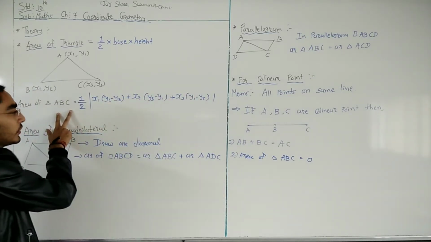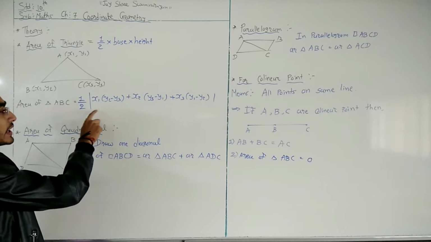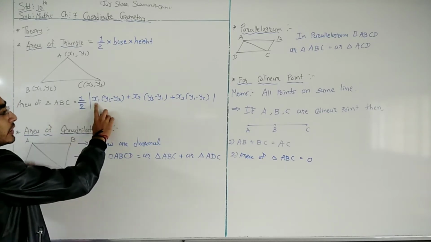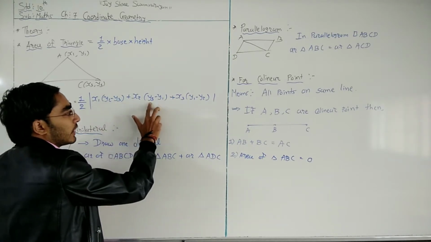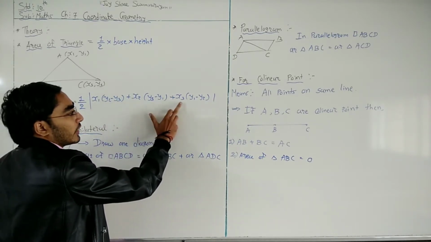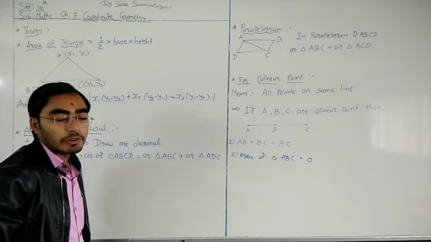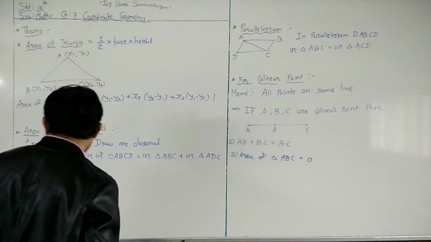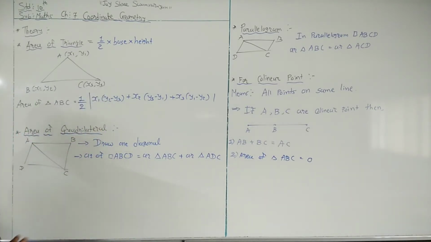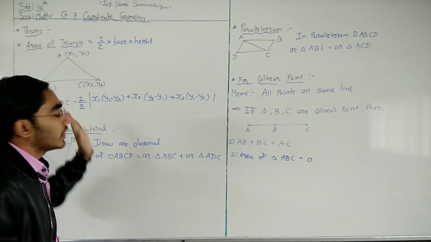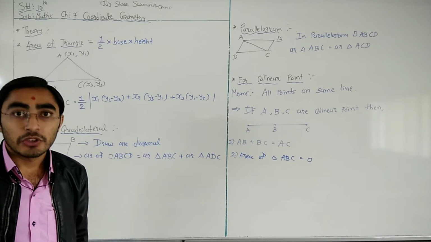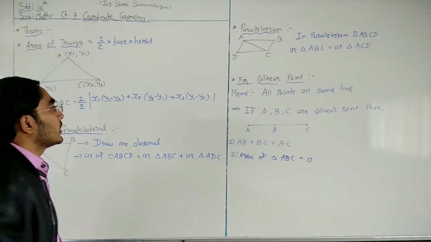Area of triangle ABC is equal to half of the modulus of x1 in bracket y2 minus y3, plus x2 in bracket y3 minus y1, plus x3 in bracket y1 minus y2. Here, this is the sign of modulus.